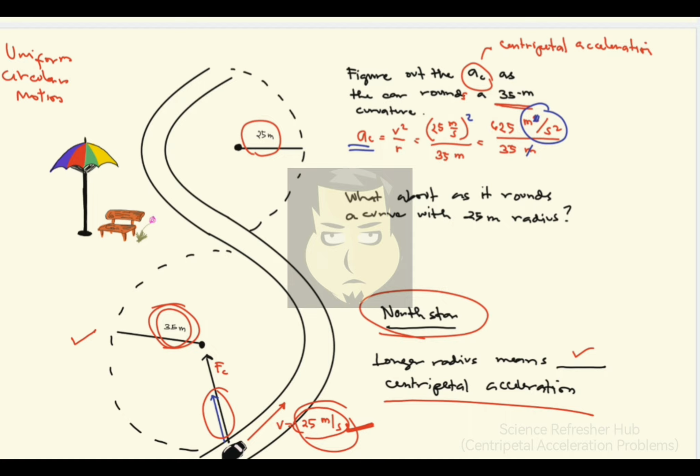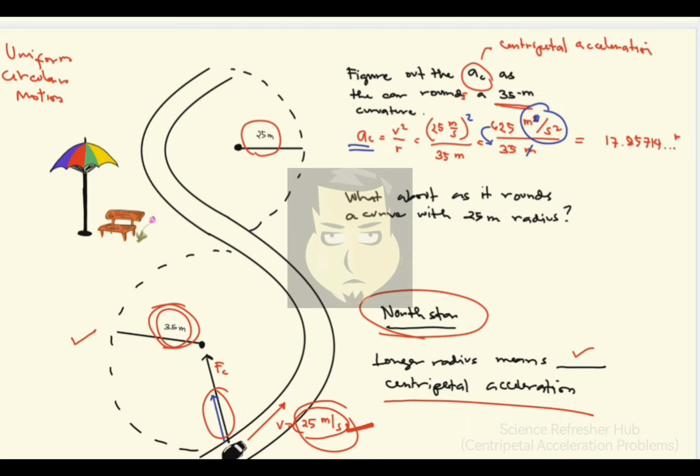625 divided by 35. The answer is, hold on, the answer is 17.85714, and then there's still a lot of numbers.